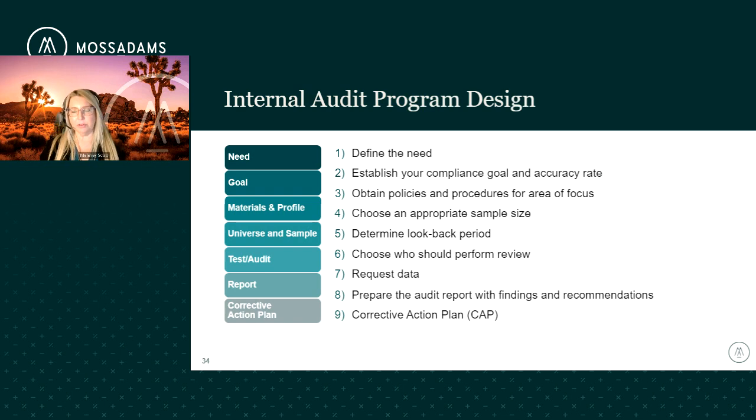And this is just a brief slide on designing an internal audit and nine overarching steps around this. What's super important, and helps us get to that recurring circle back from a risk landscape perspective, is those corrective action plans, also often referred to as management action plans.